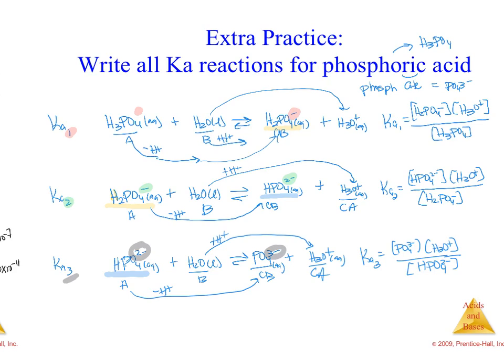So again, what we went over in this extra practice was how to write our different Ka values. Ka1 going from the neutral to the -1 ion. Ka2 going from the -1 ion to the -2 ion. Ka3 going from the 2 minus to the 3 minus ion.